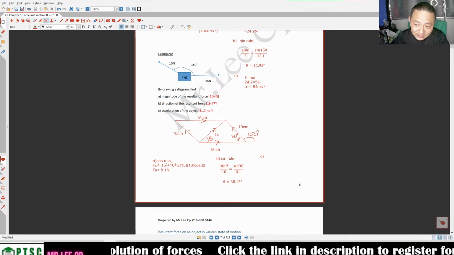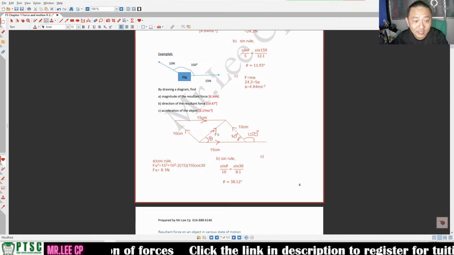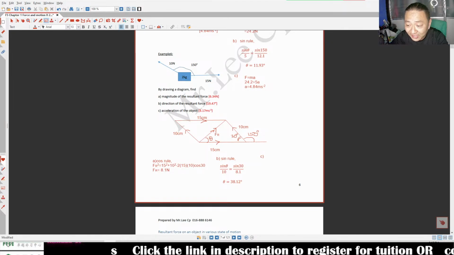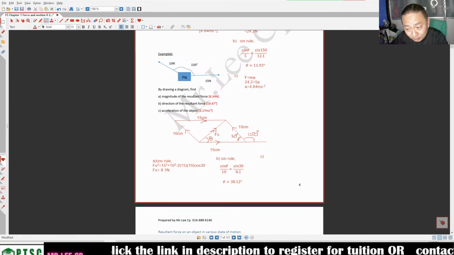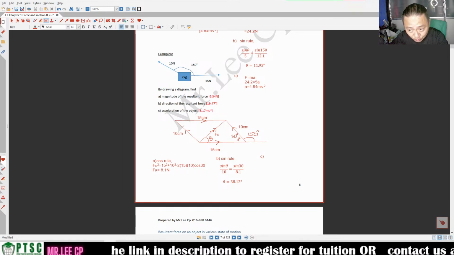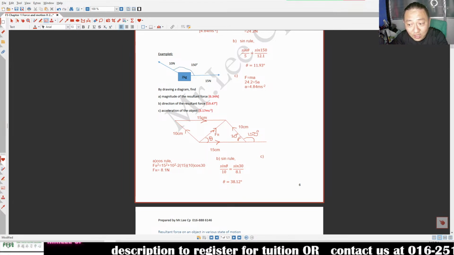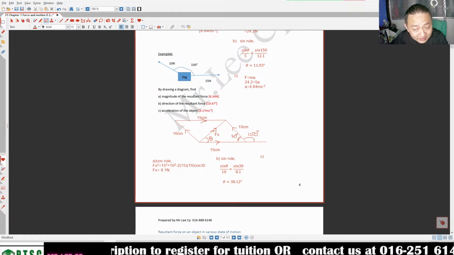Now, of course, if you really answer, it must be answered the way I told you last week, which is the angle will be 38.12 in between 15 Newton and 10 Newton, and 38.12 away from 15 Newton.